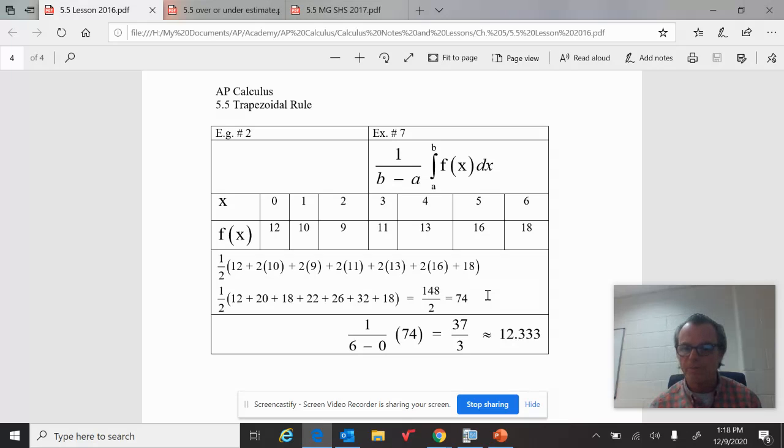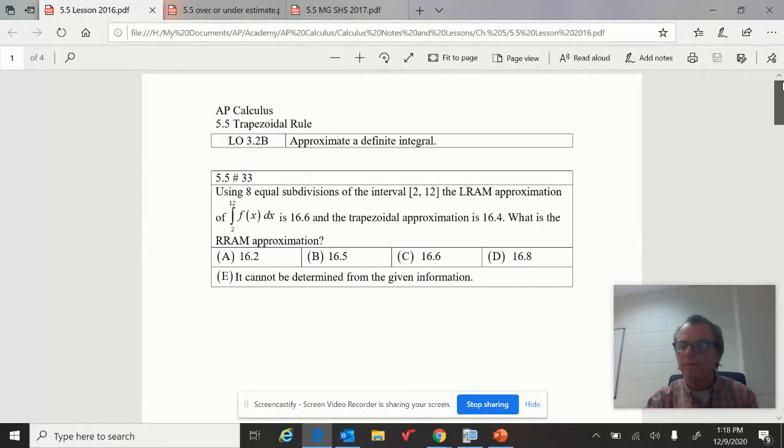Now, from the questions at the end, ready, this is problem 33 from the standardized test questions. Use 8 equal subdivisions from 2 to 12. They're just telling the LRAM answer.